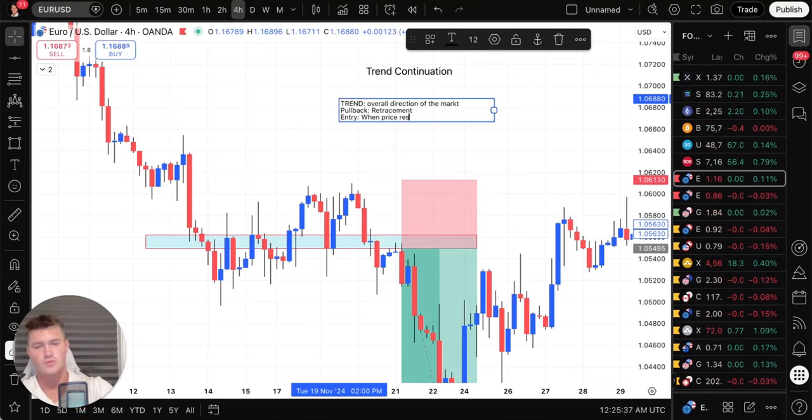Price resumes in our direction, or the direction of the trend.